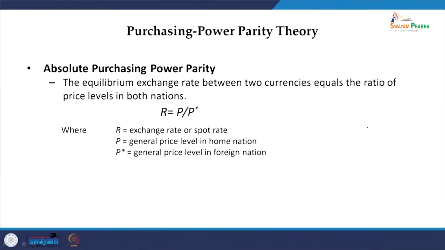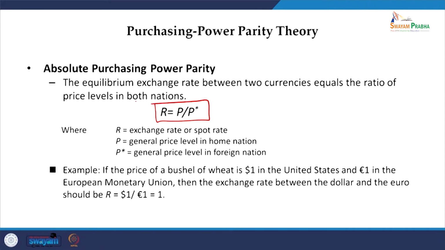So, when you simply divide the price ratio of two countries, P of the domestic country and P star, the price of the foreign country, that is defined as absolute purchasing power parity. For example, if the price of a bushel of wheat is $1 in the United States and €1 in the European market, then the exchange rate between the dollar and euro will be $1 divided by €1, which is precisely 1.